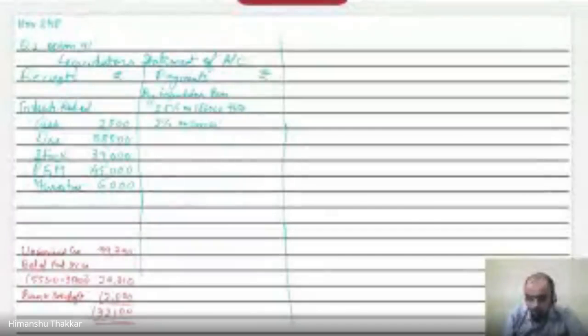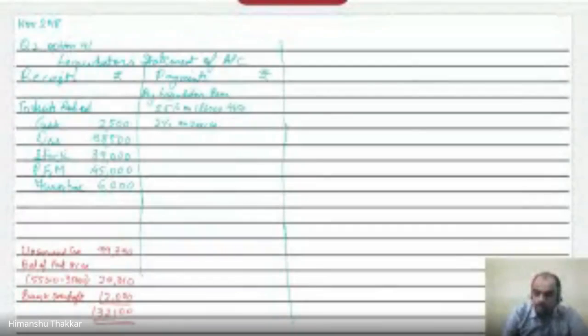The amount comes to 2642. See, they have said 2.5% on the amount realized including cash and 2% on the amount paid to unsecured creditors.